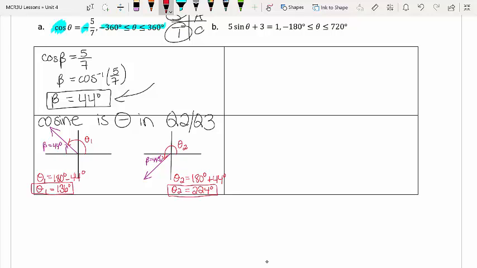So our first two values of theta to satisfy the expression above would be 136 degrees and 224 degrees. Those are the possible values of theta between 0 and 360.